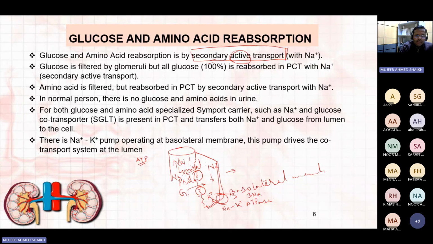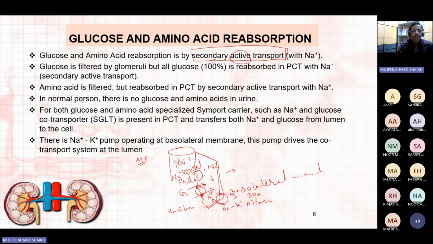And there are specific carrier proteins also present. So this sodium will join glucose and move into the cell by a channel known as the sodium glucose channel. This is simple. This channel will not function unless both of the parties join here.